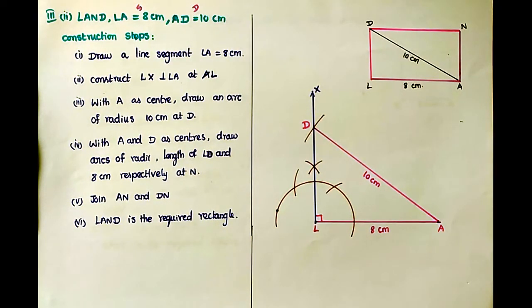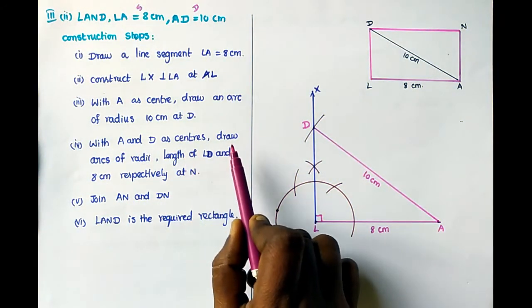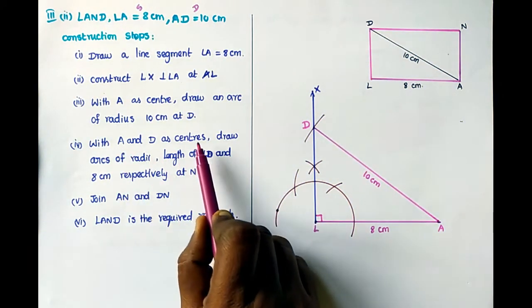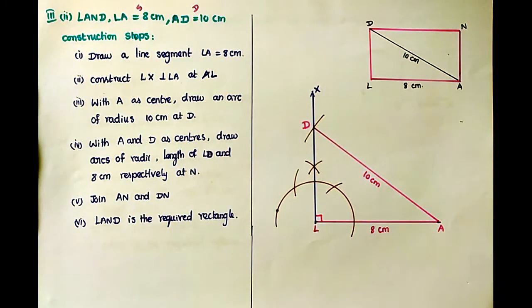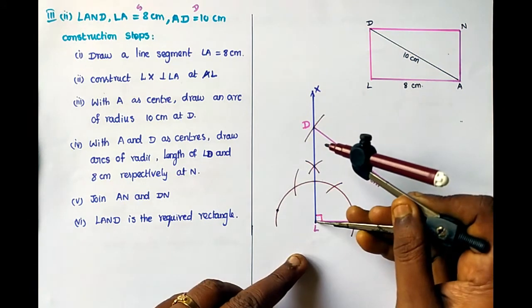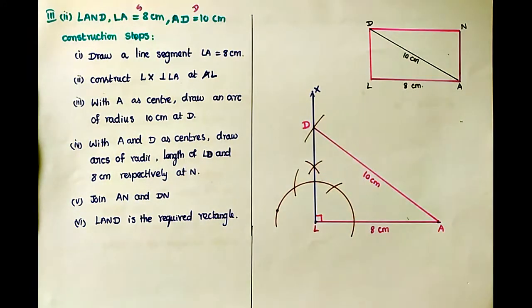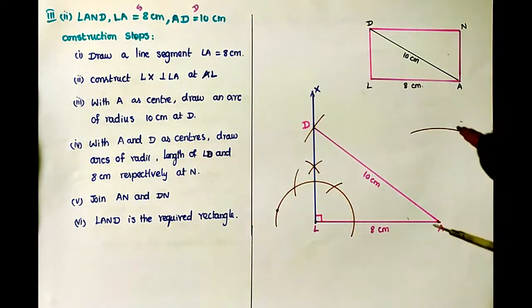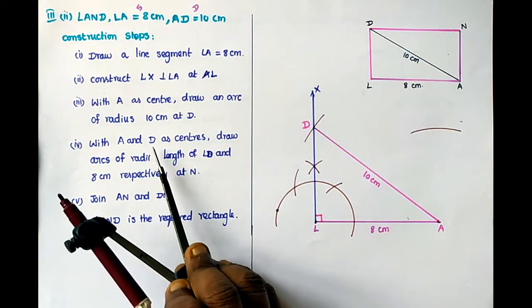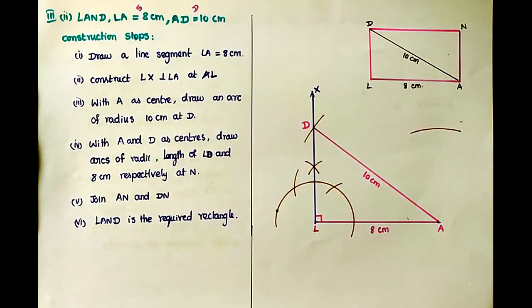And next step, with A and D as centers, first A as center, draw an arc of radius, length of LD. So take the length of LD, with A as center, draw an arc, and with D as center, 8 centimeter.